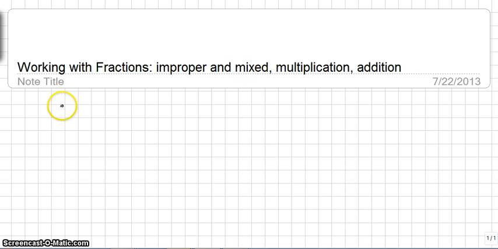An improper fraction is when the top number is larger than the bottom number. Many times you'll need to leave the fraction as is, or sometimes you'll have to rewrite it in mixed number form.